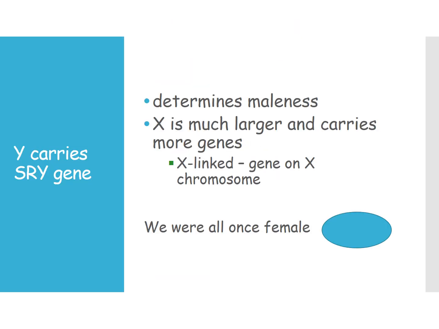During the first 5 weeks of embryonic development, male and female fetuses are essentially the same. It's at this point that if the fetus contains a Y chromosome, this turns on the SRY gene. The SRY gene secretes testosterone, and this leads to the development of the male primary sexual characteristics, testes and penis.